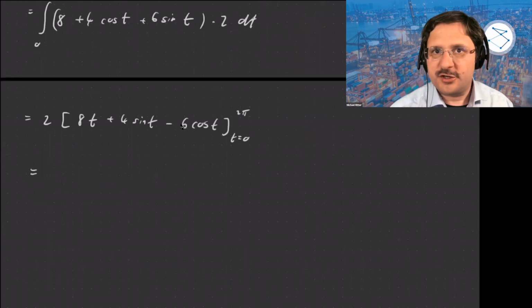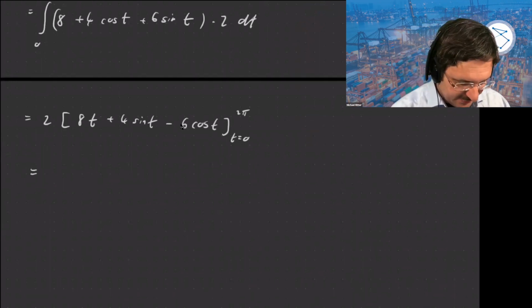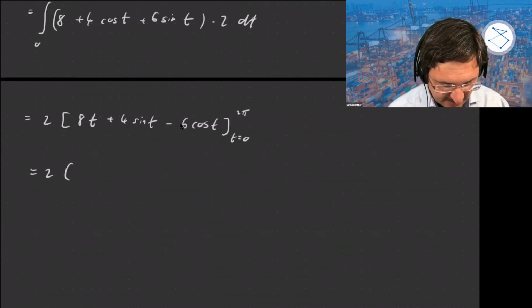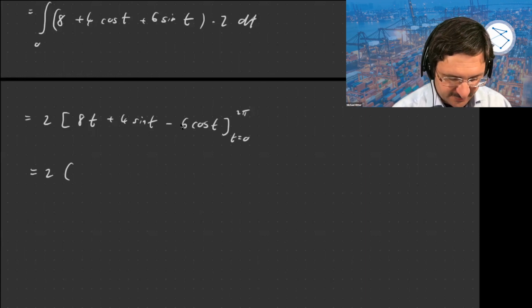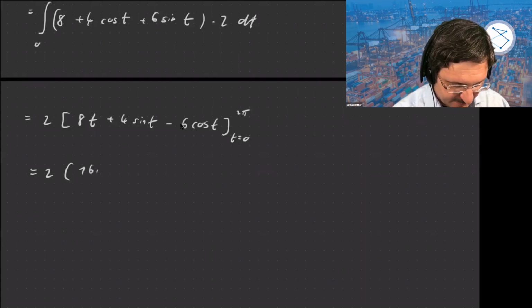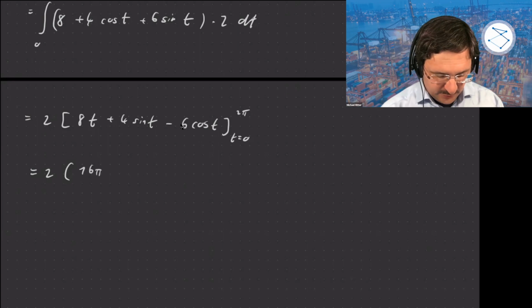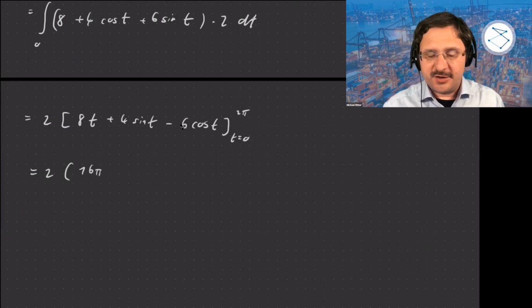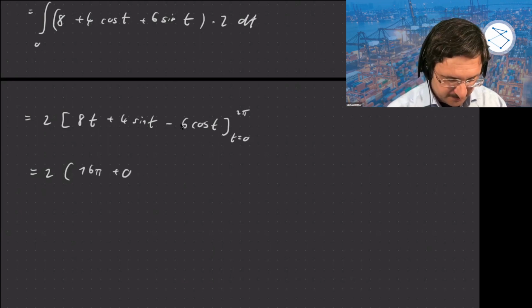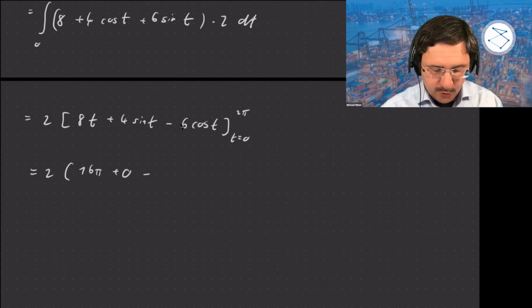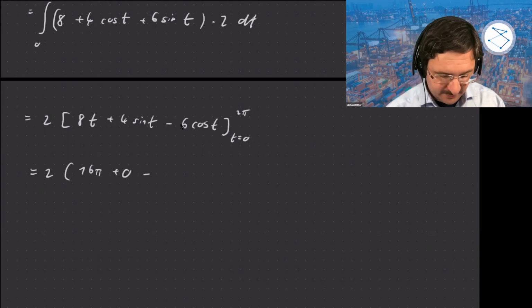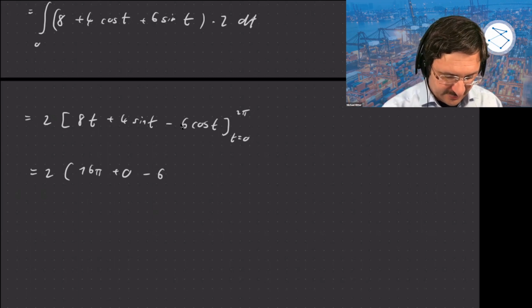And now we just have to substitute the boundaries. So that's 2, and let's see, 2 pi first, 8 times 2 pi is 16 pi, plus the sine of 2 pi is 0, so that's a 0, minus the cosine of 2 pi is 1, so minus 6. And that's the upper bound.